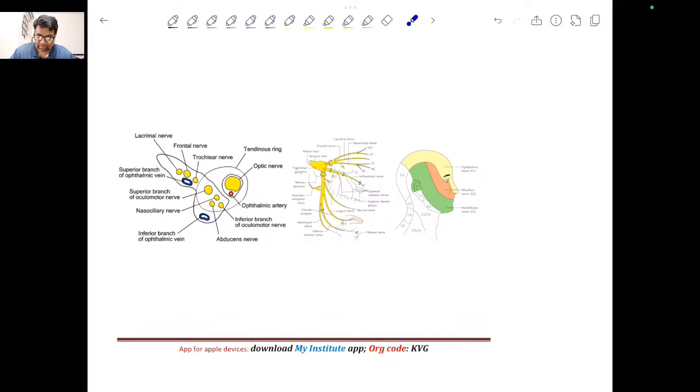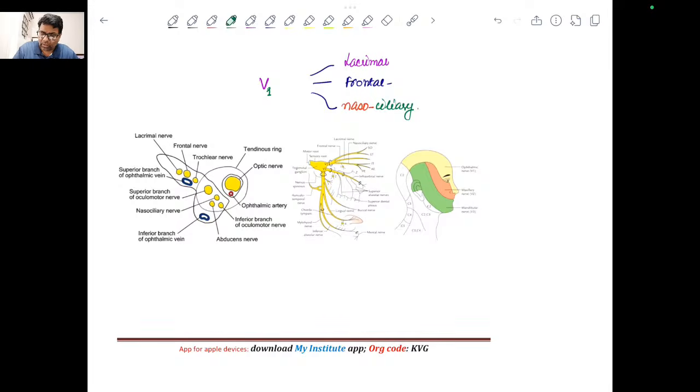Then what you can see here, you can see the lacrimal nerve, the frontal nerve, and the nasociliary nerve. Now all 3 nerves, if I write lacrimal, frontal and nasociliary, all these are coming from 5-1, that is the ophthalmic division of the trigeminal nerve.